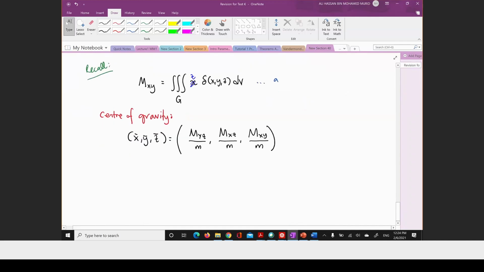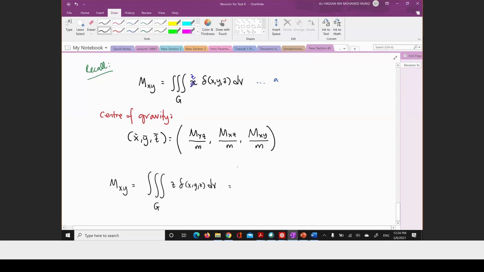So m is already given in the question. So we need to calculate mxy, the moment, which is this one: z delta xyz dv.